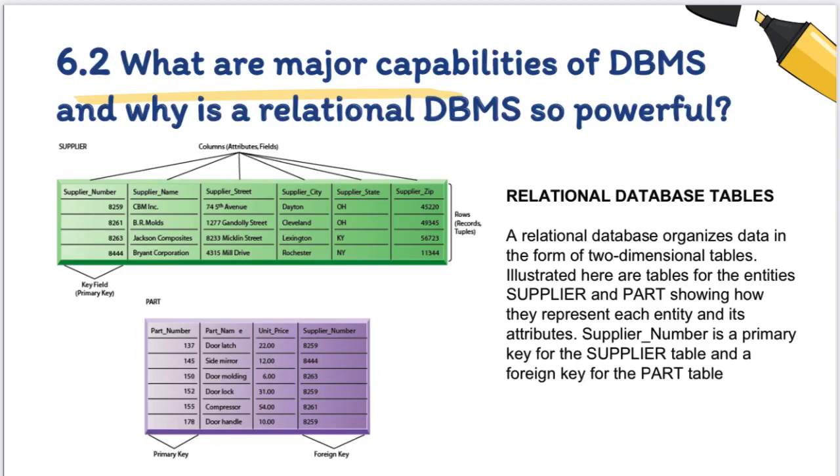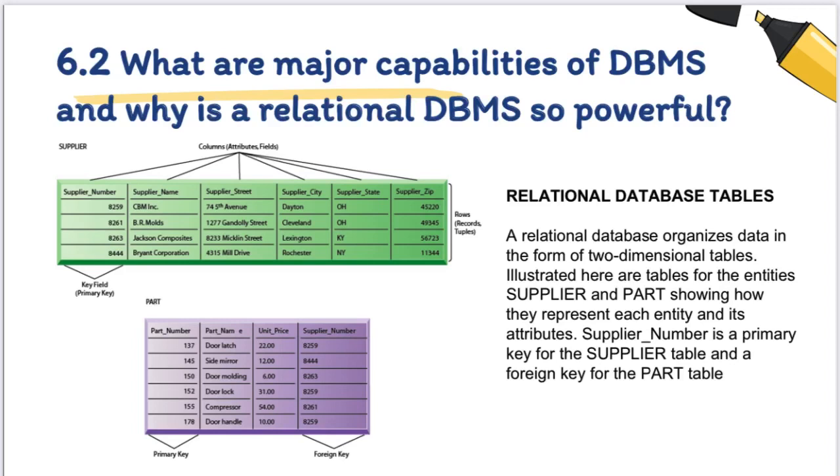As we can see from this relational database table, a relational database organizes data in the form of two-dimensional tables. Illustrated here are tables for the entities supplier and part, showing how they represent each entity and its attributes. Supplier number is a primary key for the supplier table and a foreign key for the part table.